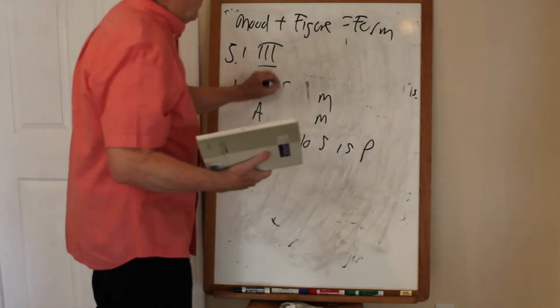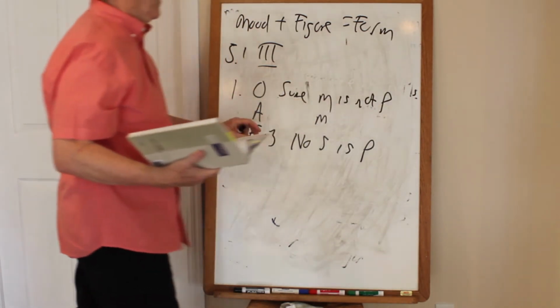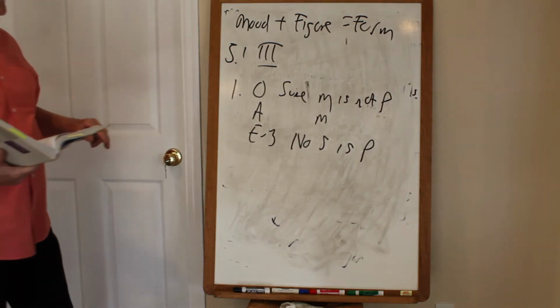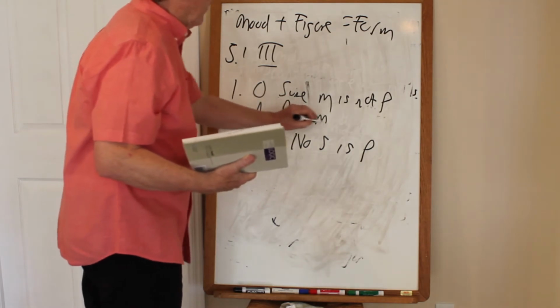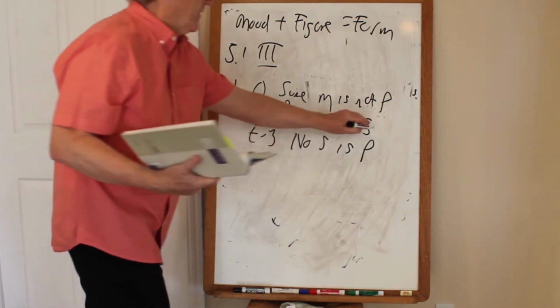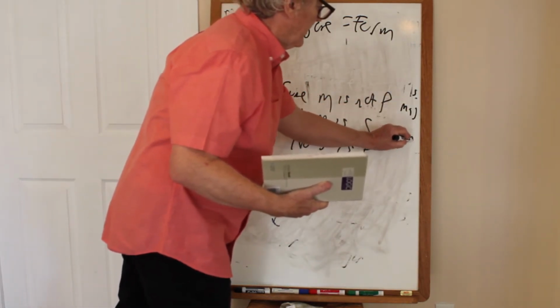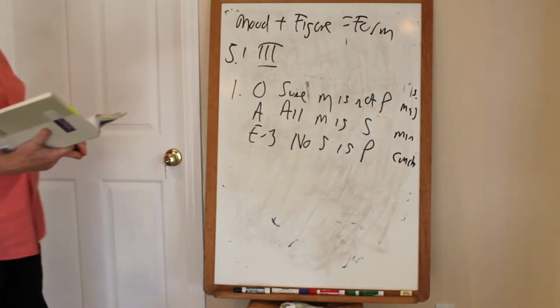So that would be some M is not P. I know that P was there because that had to be the major premise. I want to put the major premise first, and then I get, if it's standard form, all M is S. I know that S is there because it's the minor premise. So you have major premise first, minor premise second, and conclusion last. Okay, so that's the way that looks.